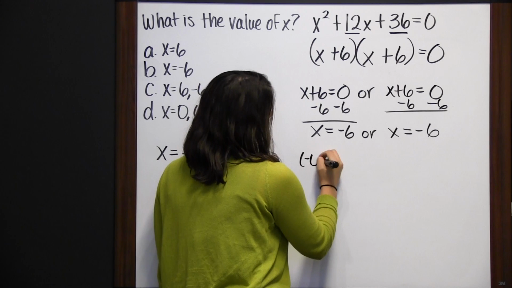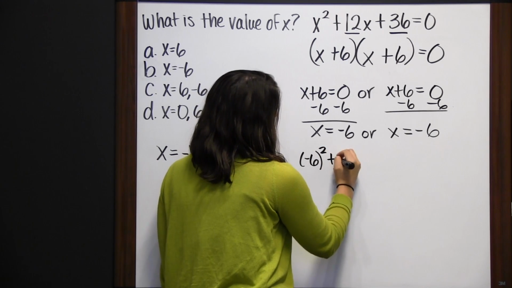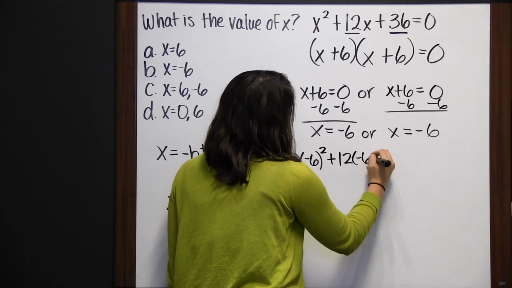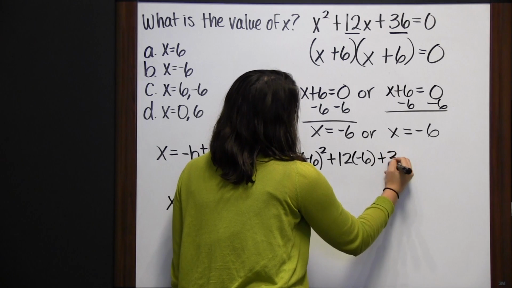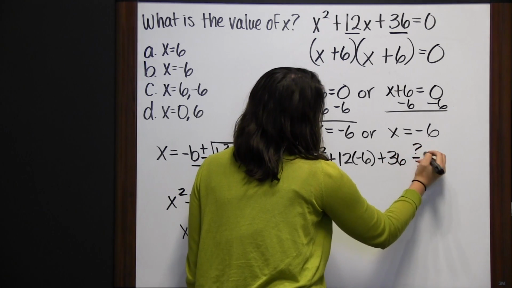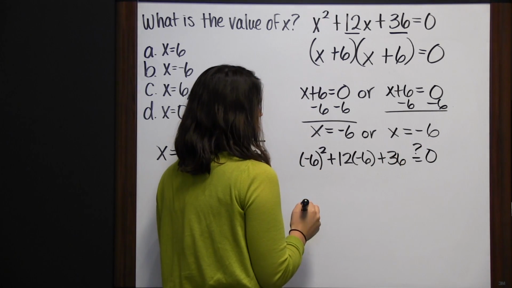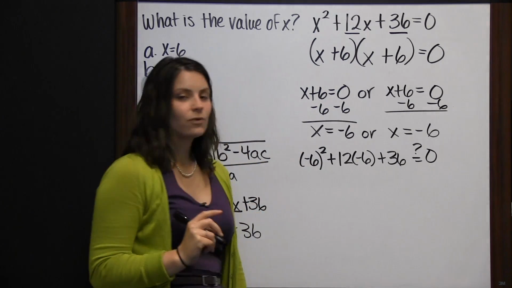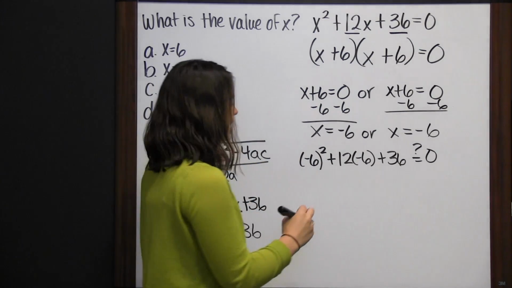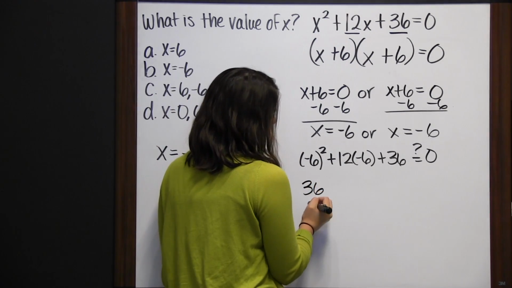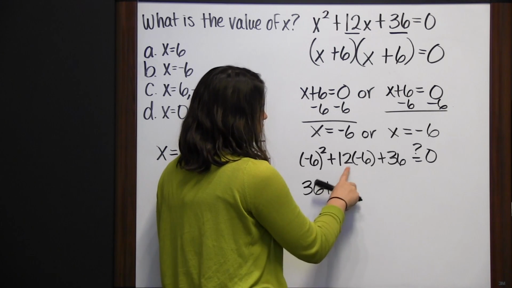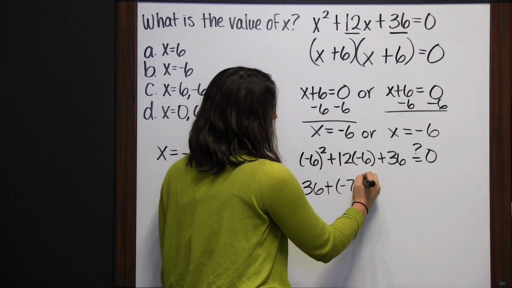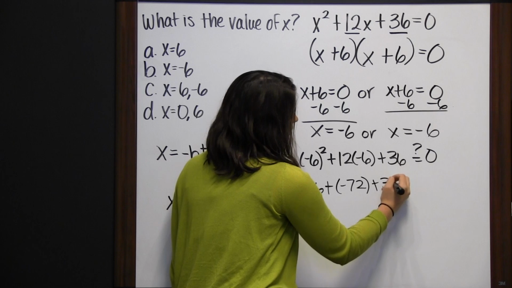So that's -6 squared plus 12 times -6 plus 36. And what I want to know is, does that equal 0? -6 squared, a -6 times a -6 is 36, plus 12 times -6 is -72, plus 36.